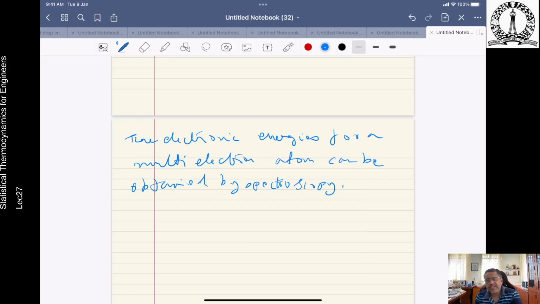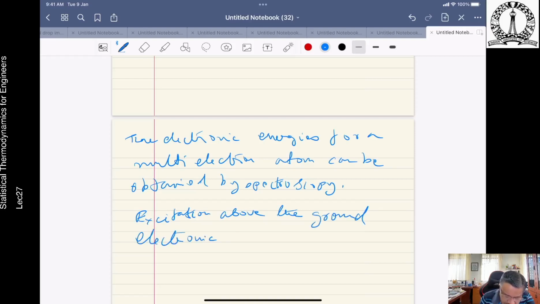So typically excitation above the ground electronic state occurs due to chemical or radiative processes that excite a single valence electron to a more energetic subshell, right? So excitation above the ground electronic state is usually determined by a chemical or radiative process.